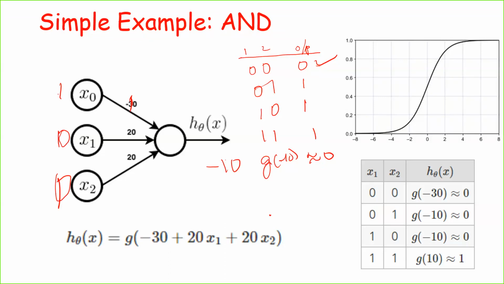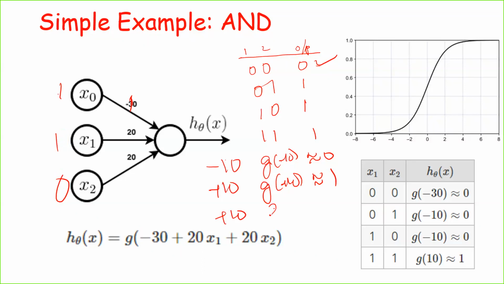What is the net sum I get when I give 0, 1 as the input? Plus 10. What is z of plus 10? 1. What is the value that I get when I give 1, 0 this time?